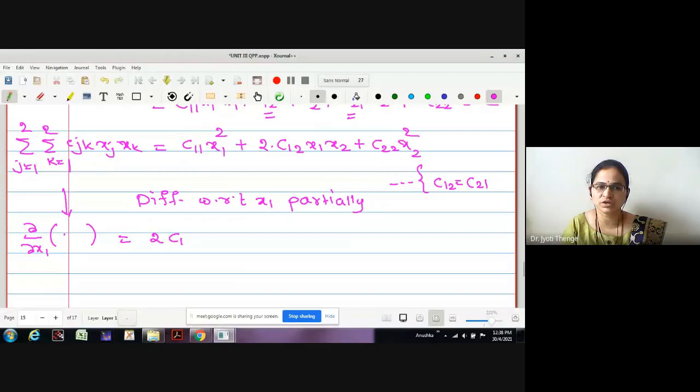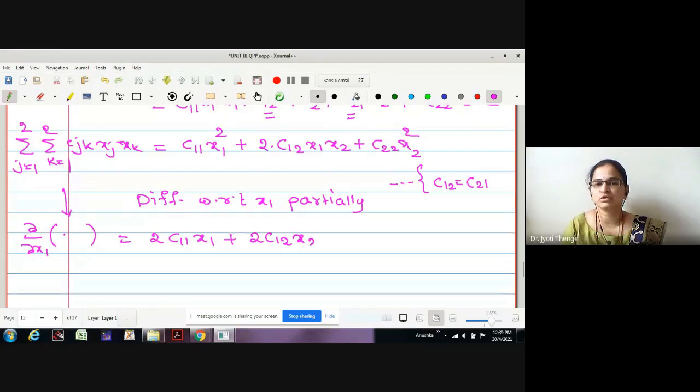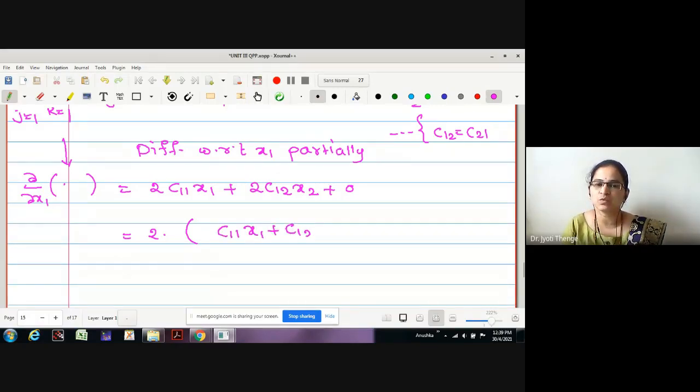It is 2c11 x1 plus 2c12 x2. The third term is giving you 0 value, right? Therefore, look at this term very carefully. From this, I can take 2 common very easily, and the remaining terms are c11 x1 plus c12 x2.